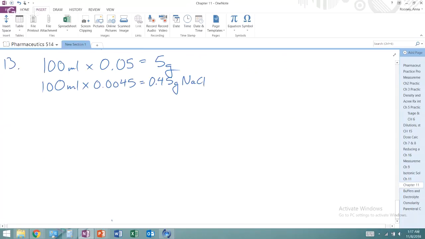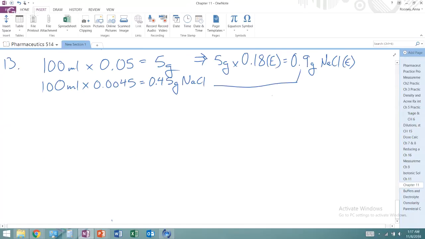And now you have to find the equivalent. So you take your 5 grams, you multiply it by your E value, which is 0.18, and that equals 0.9 grams. And then that is your sodium chloride equivalent. This time you're not taking it away, you're adding them together because they're both there.